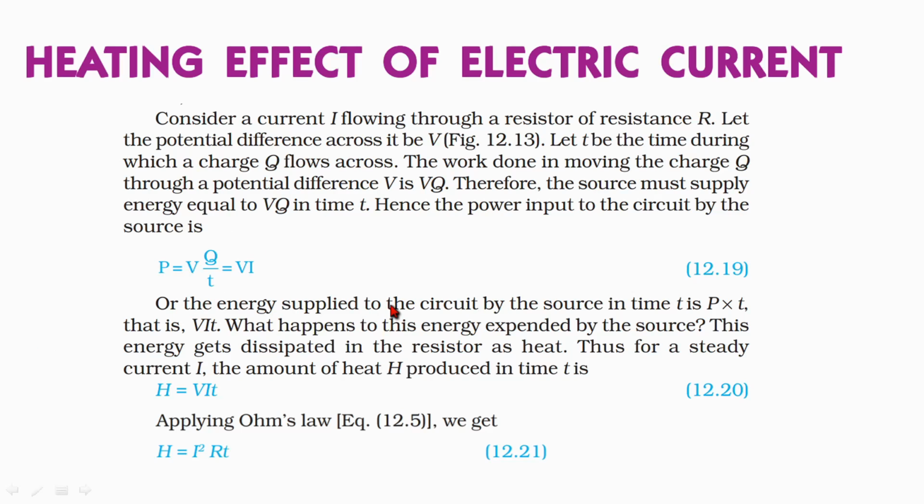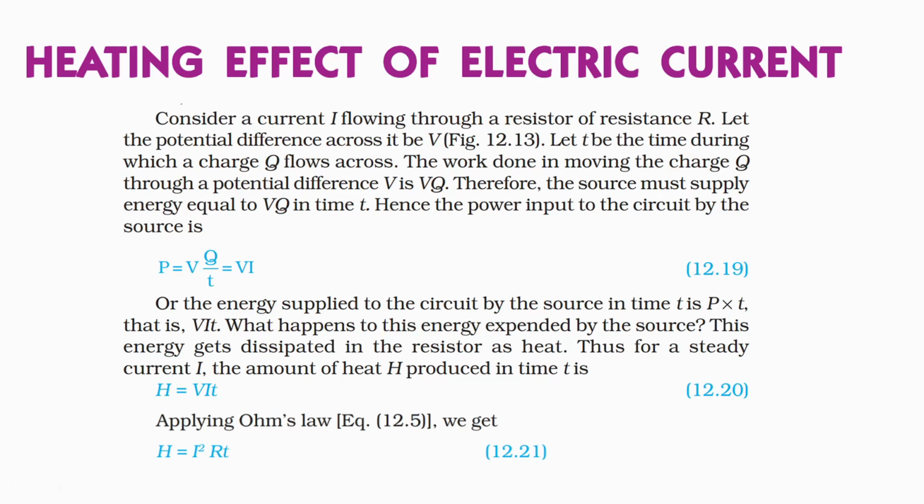The total energy supplied to the circuit by the source in time T is power into time, so P into T, which is VIT. What happens to this energy expended by the source? This energy gets dissipated in the resistor as heat.